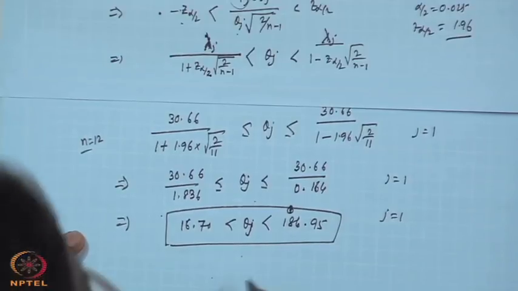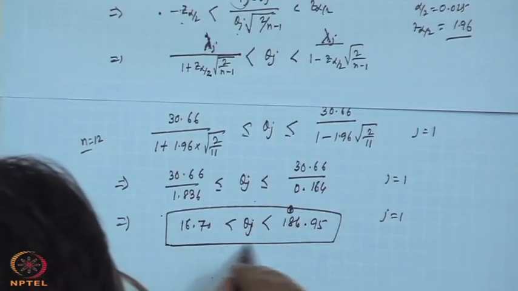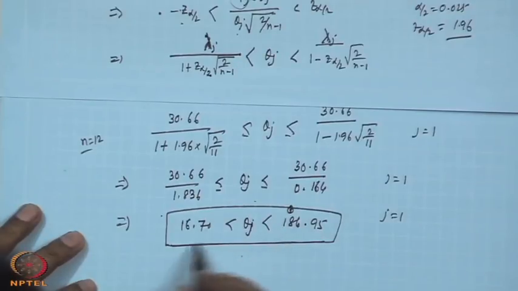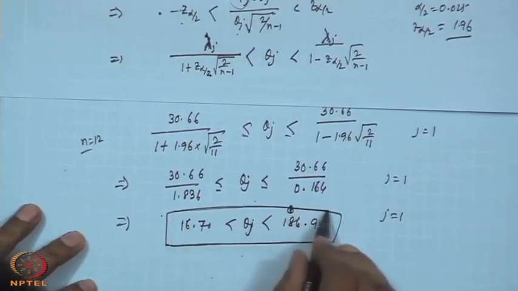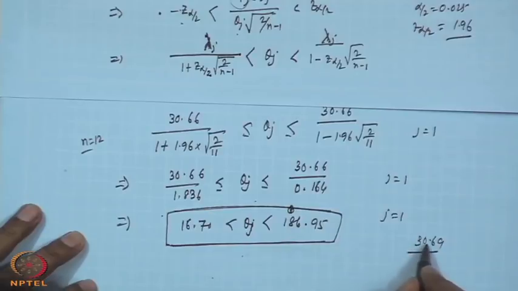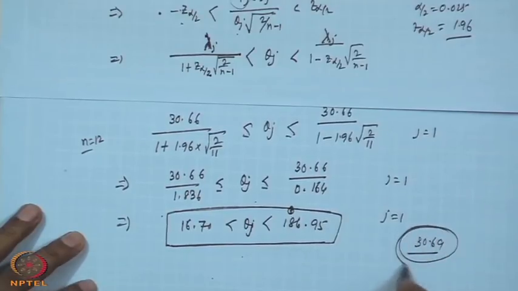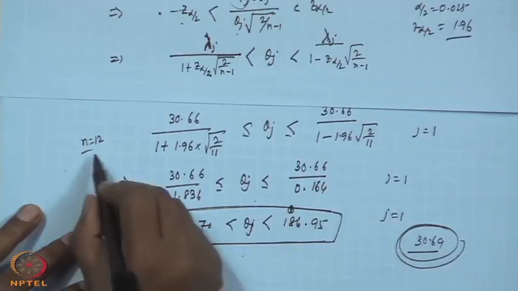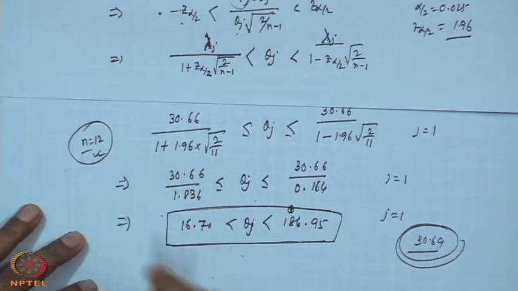But do you agree with this? The reason is your original sample data, if you see that the total is I think 30.69, this is the total variability. Now, if the range is very high, it is because of many things: your number of observations is very small.